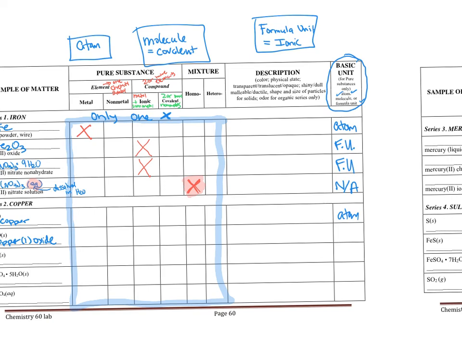So let's write this down. Covalent, and this is also for diatomic atoms or diatomic elements or polyatomic element. Okay, so hopefully this helps you fill out this chart.